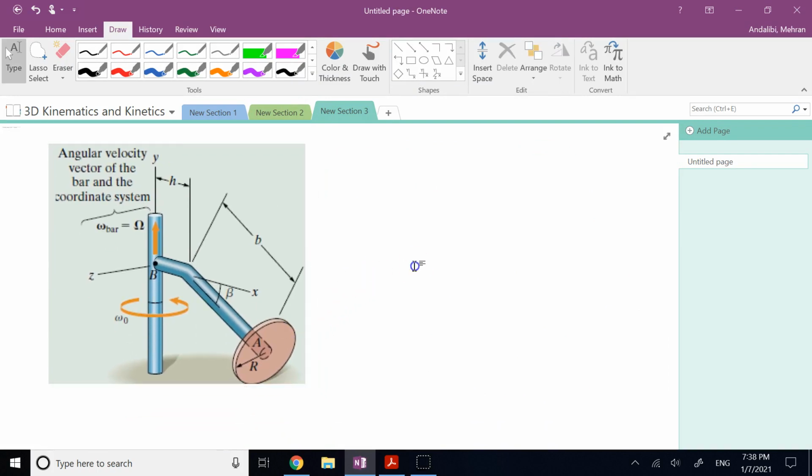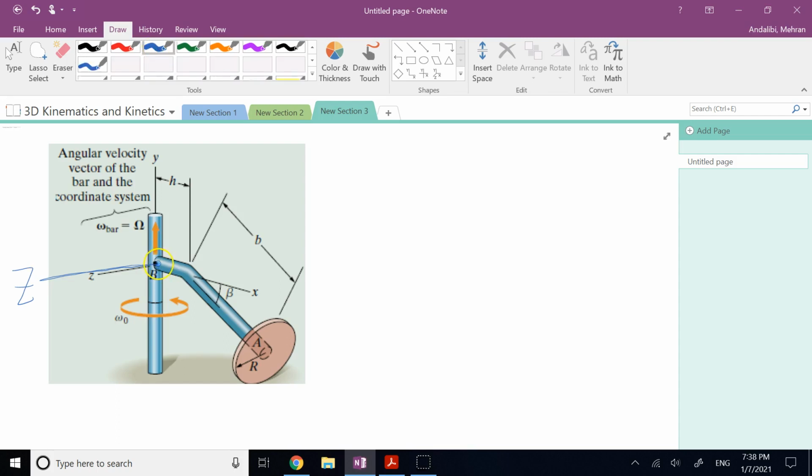So this is what the problem is asking, and again, the goal is to find omega and alpha of the disk with respect to a frame that is attached to the ground. So I can put the z-axis of that to be in the same direction as the z-axis here. I can put the y-axis of that to be the same direction, and x-axis to be in the same direction.